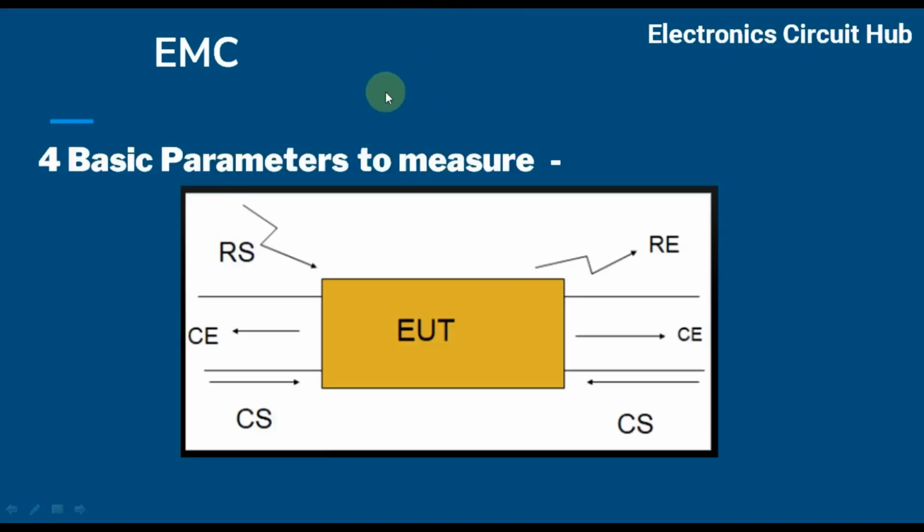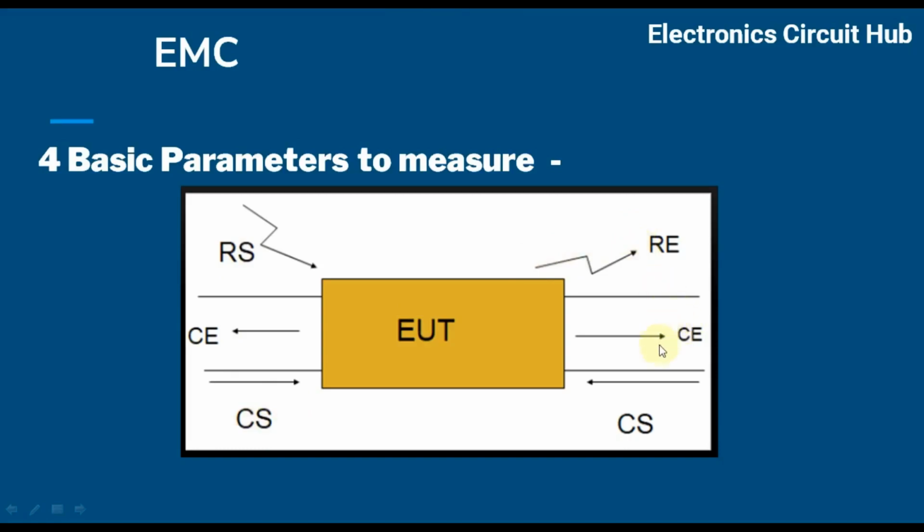Okay, so what is basically to be measured in EMC? There are four parameters to be measured in EMC. You can see here, this is conducted emission, this is radiated susceptibility, conducted susceptibility, radiated emission.